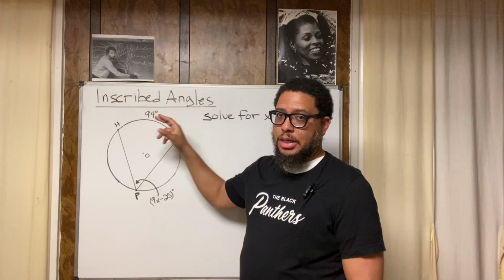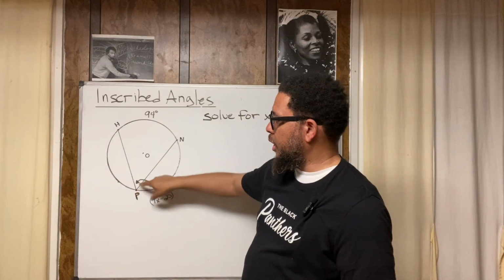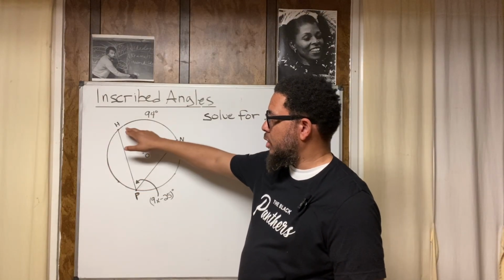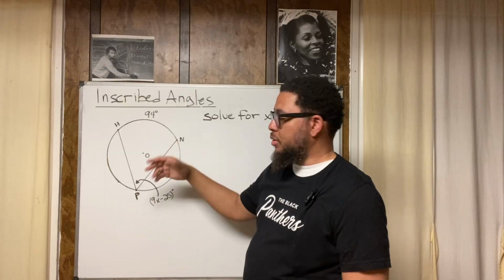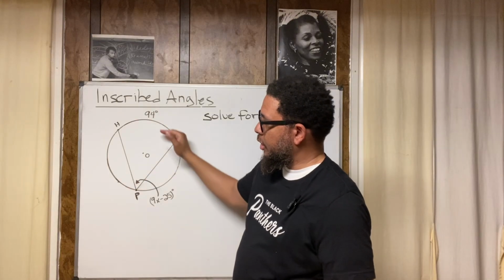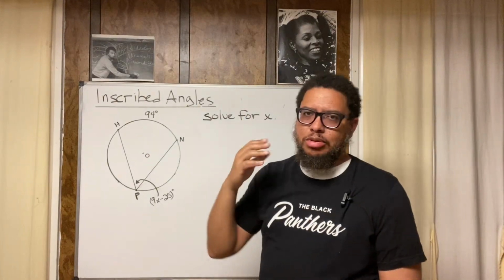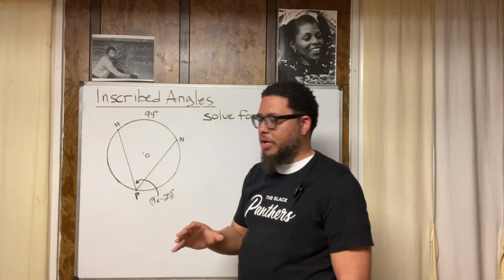But arc measurement is in angles. All right. Now, the relationship between the inscribed angle and the arc that it subtends. Subtends means that it's underneath of it, right? Notice how this angle is underneath of this arc. That's not the most precise definition, but that's good enough for right now.